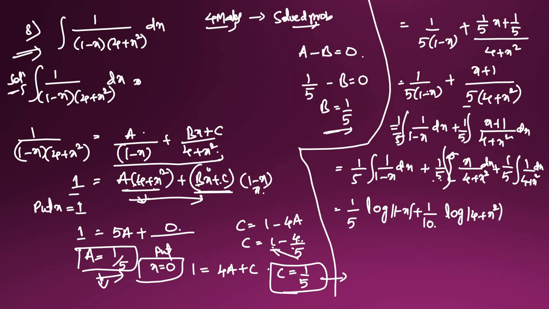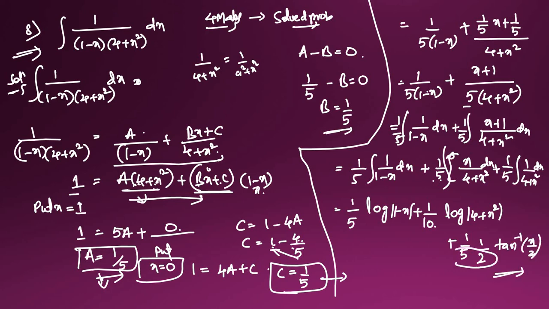And for 1 by 4 plus x square, it is 1 by a square plus x square, which will become tan inverse, like I told you, 1 by a into tan inverse of x by a. So the answer will come 1 by 5 into 1 by 2 into tan inverse of x by 2.